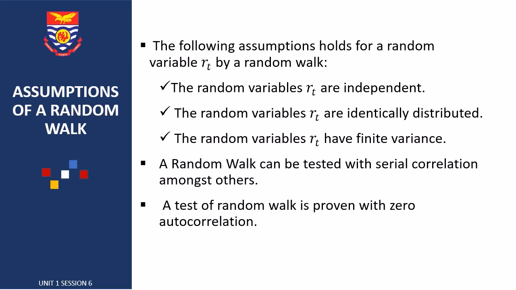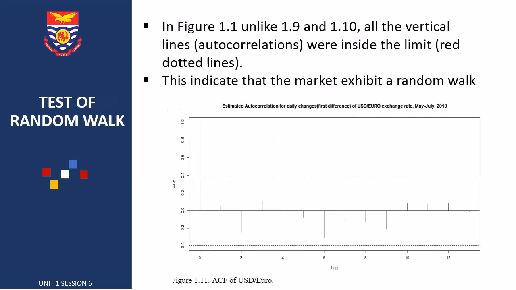It should not be correlated. So when the serial correlation results indicate that the asset has zero autocorrelation, then we can presume that the asset exhibits a random walk. A test of random walk.